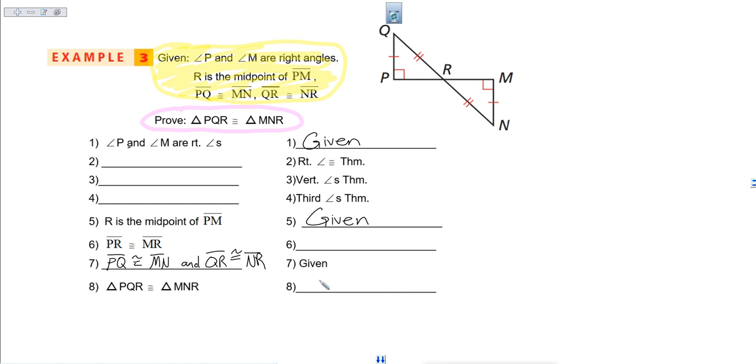And then for the last step on all of your proofs today, you need to write down definition of congruent triangles.